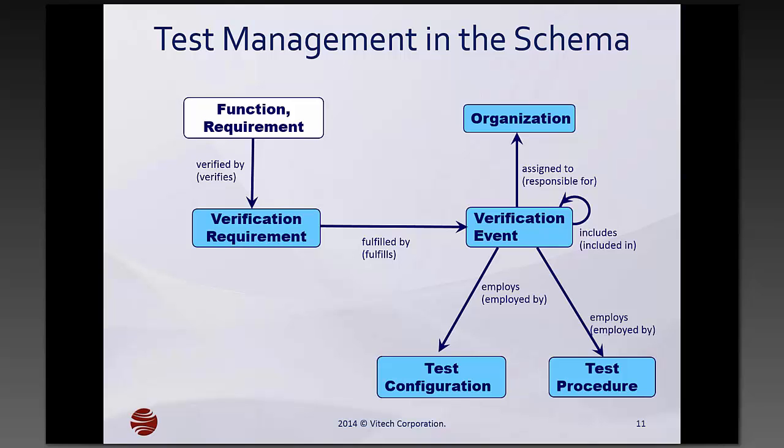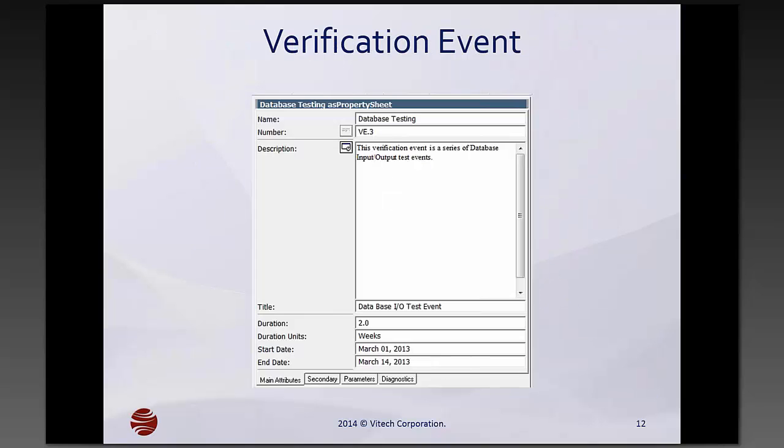So let's look at what this verification event is in CORE. The verification event in CORE is another element in the database, and again, the verification event is related to verification requirements in that it fulfills a series of verification requirements. And again, we have a name and number and we have a description, but here's the next important part about this: on verification events, at the bottom of the main attribute page, we have a duration and a start and stop date.